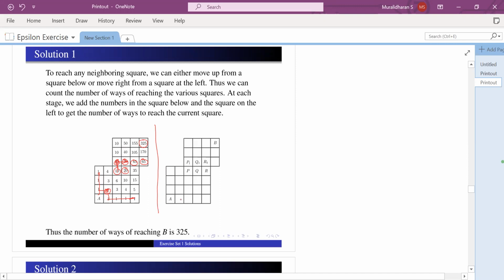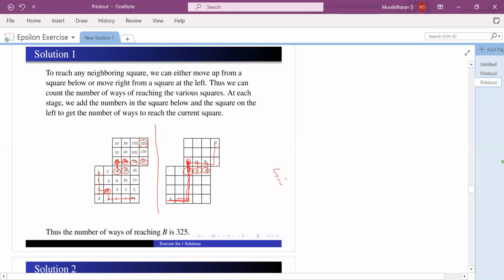The second way of doing that is, note that I can go to the top grid only if I reach either this or this or this, and then from there move like this. So what I can do is find out the number of ways of reaching A to P1, and I go only one way this way, and the number of ways of reaching P1 to B. The number of ways of reaching A to P is, there are 2 steps right, and 3 steps up.